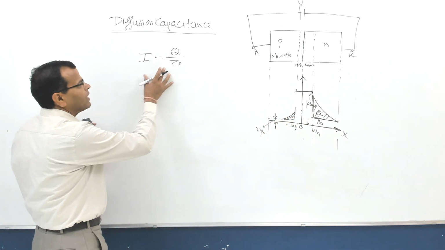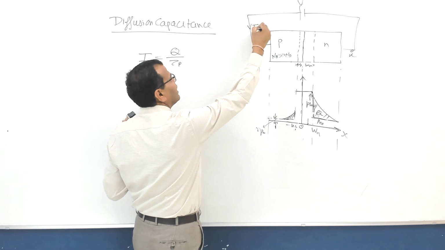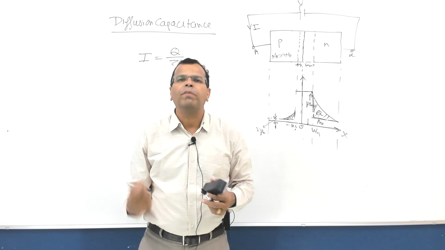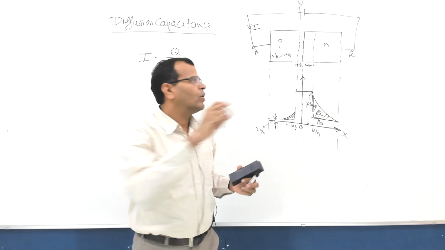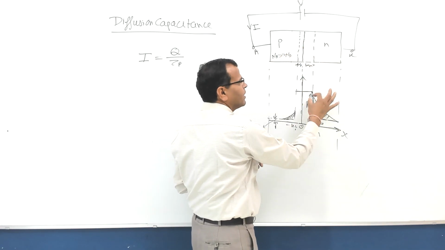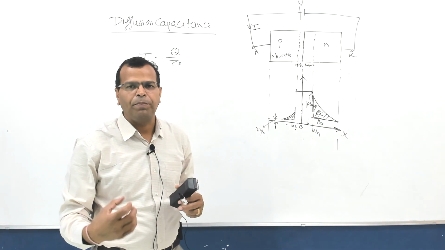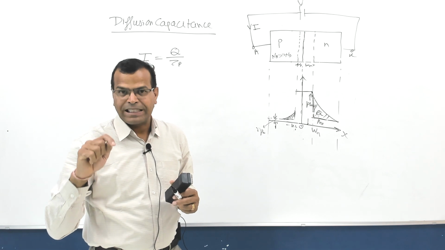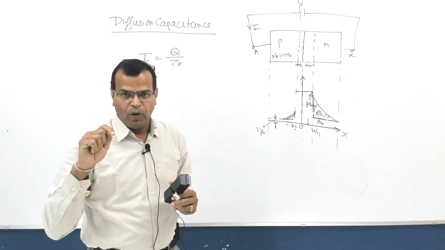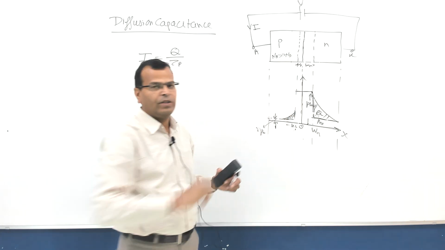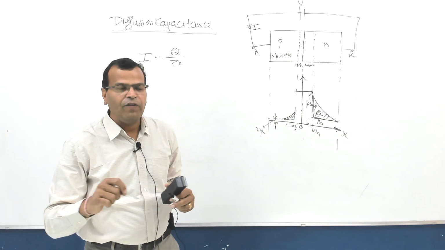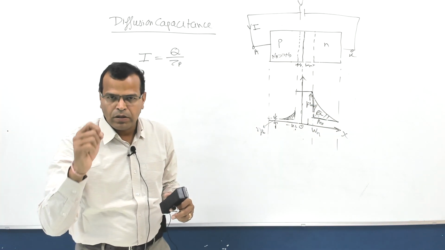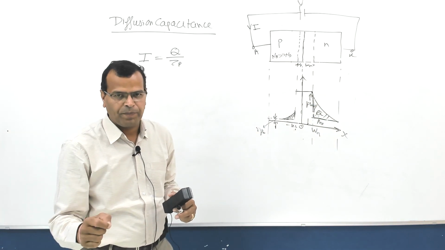So the forward biasing current of the diode, that is I, is nothing but Q upon tau P, that is mostly determined by the minority carrier holes stored on the N side near the junction area. I repeat, the forward bias current of the diode is a function of excess minority carriers stored near the junction area.